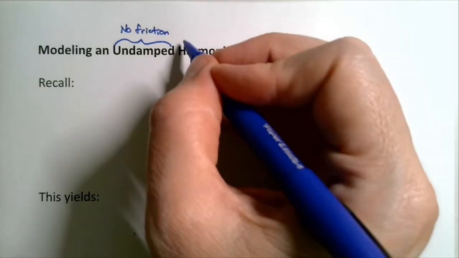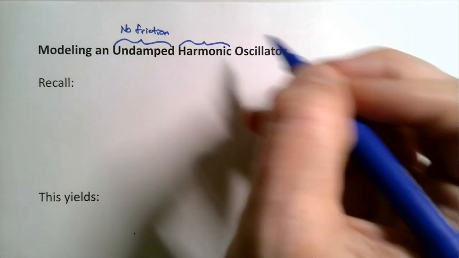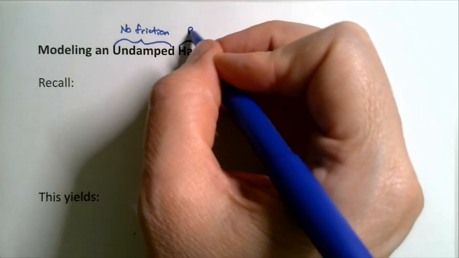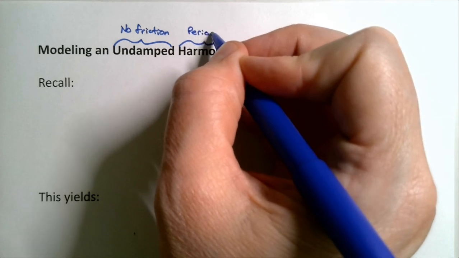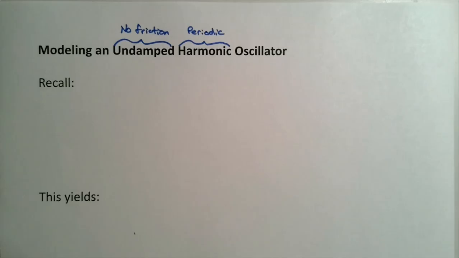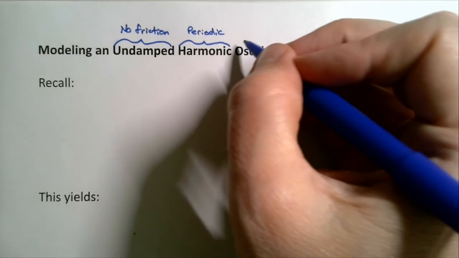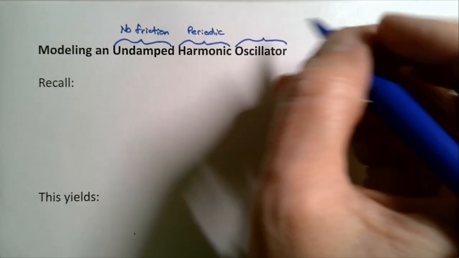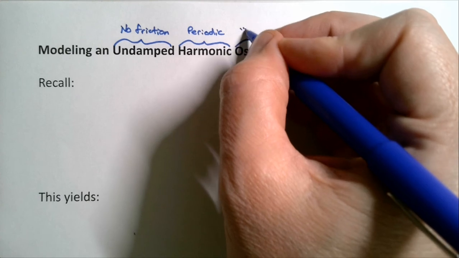And anything that's harmonic in nature tends to be periodic. This is just an old-fashioned way of saying periodic. And an oscillator, well, you probably know what an oscillator is. It's something that moves. There's back and forth motion.